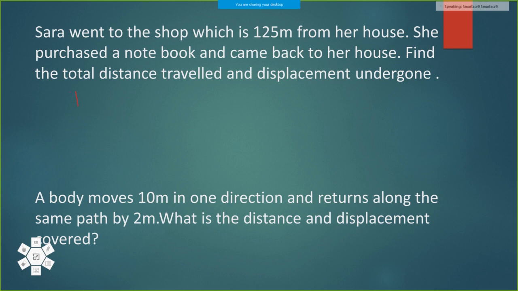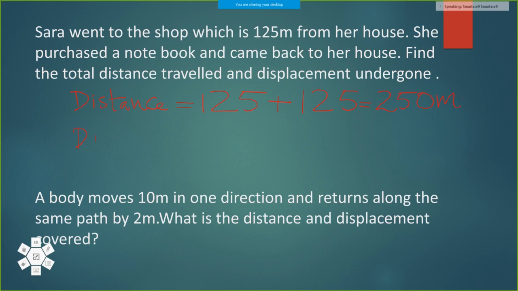And after that she came back. So what is the distance travelled? Distance is equal to from her home to the shop 125 plus shop to home again 125. So she has travelled a total of 250 meters. The distance travelled by Sarah is 250 meters.